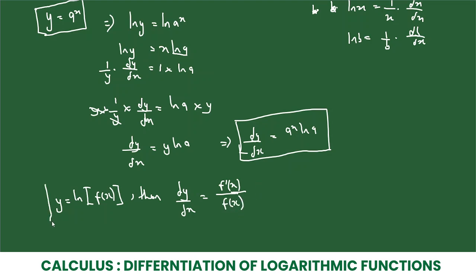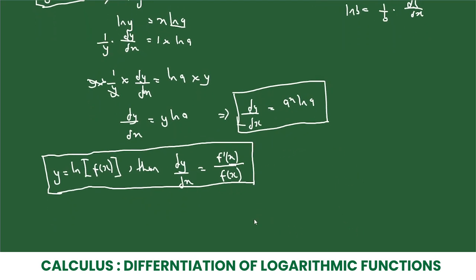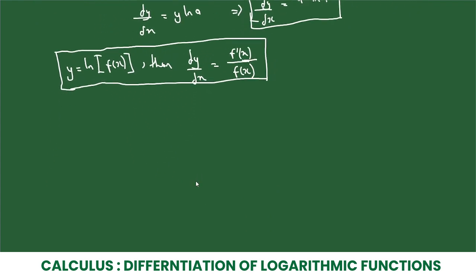So this is the general form for logarithm functions. Whenever you have to find the derivative, you differentiate the function inside the ln and divide it by the original function. That will be your answer.